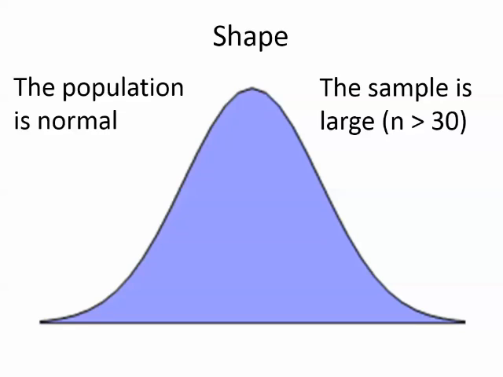If we're going to find a z-score for anything, we need a normal distribution. Because of the particular characteristics of the distribution of sample means, if the population it's coming from is normal, or if the sample size is larger than 30, we can assume that the distribution of sample means is going to be normal. And that's going to become important later on when we want to look at probability.